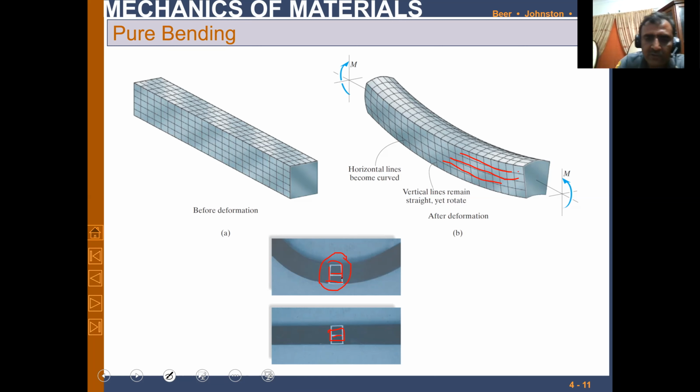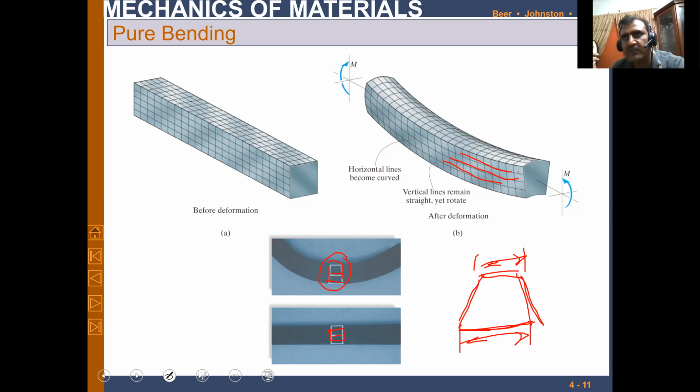So if you look at that, you will have a section like this one. Here you have reduction in length, and here you have increase in length.